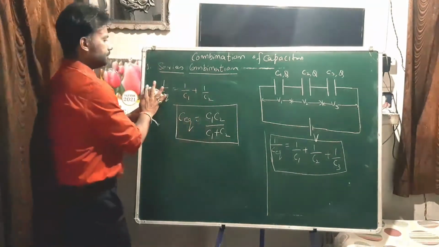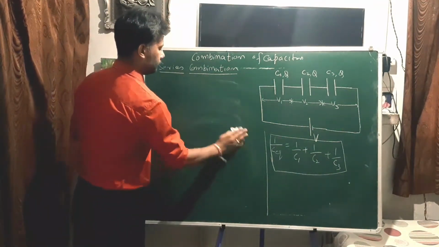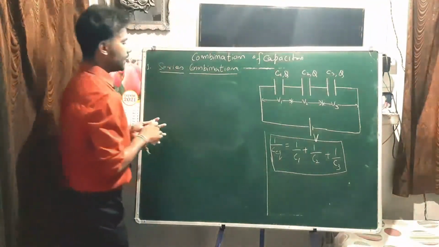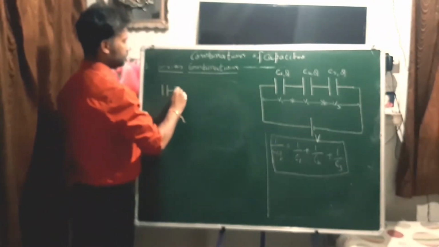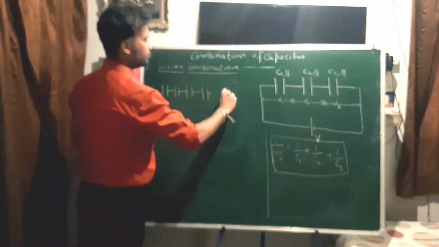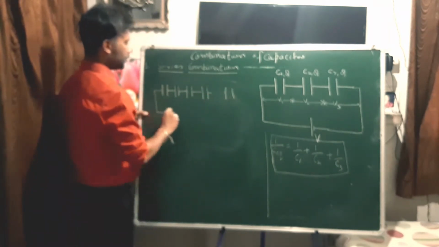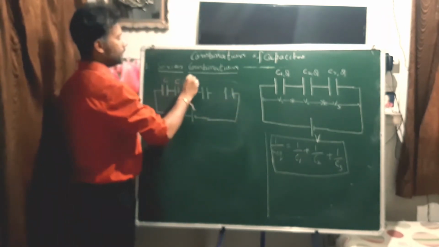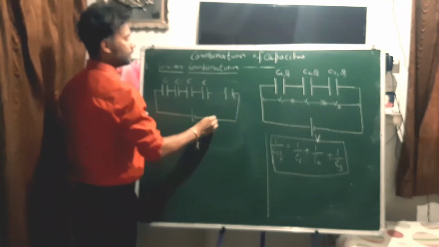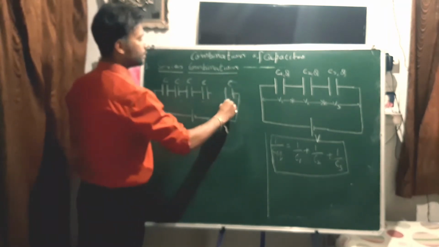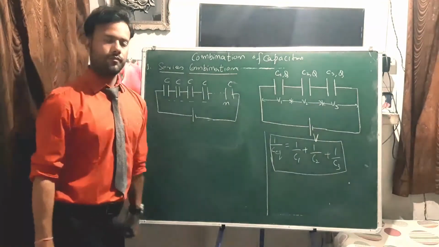Means we have n number of capacitors, and they are connected in series, and the value of each capacitance is C, right?